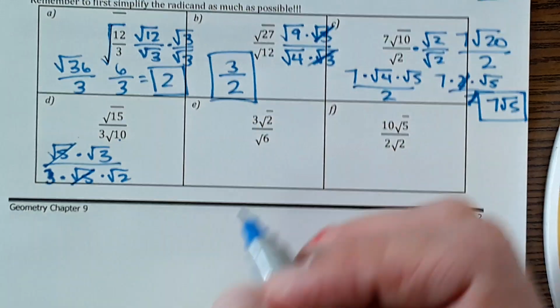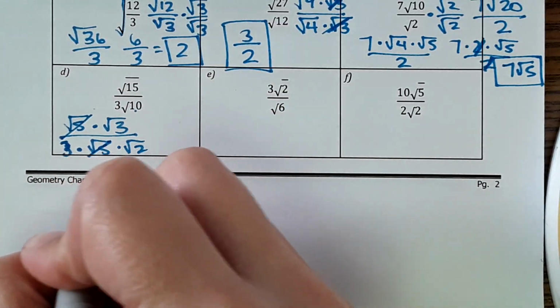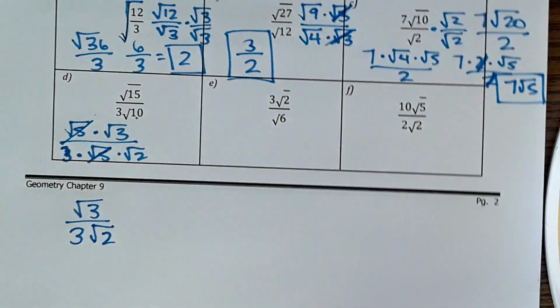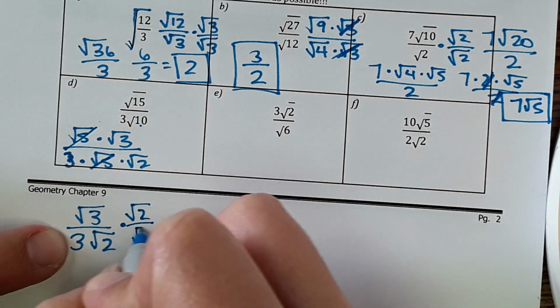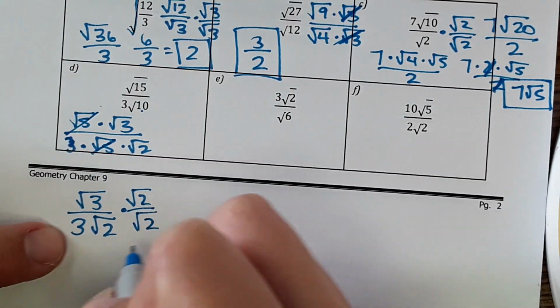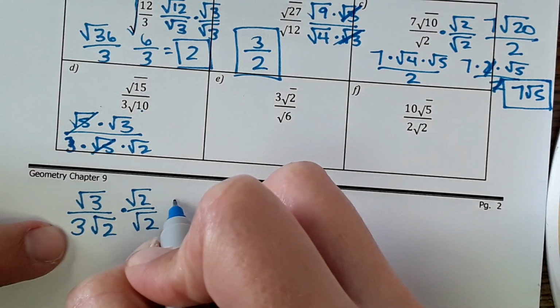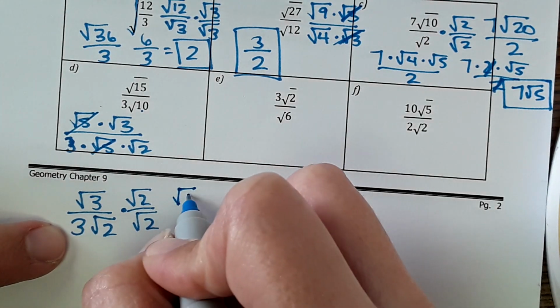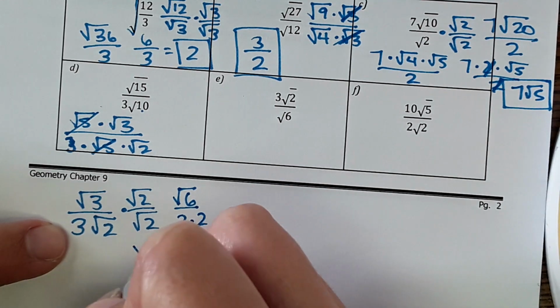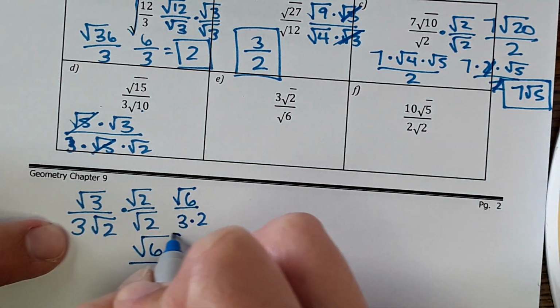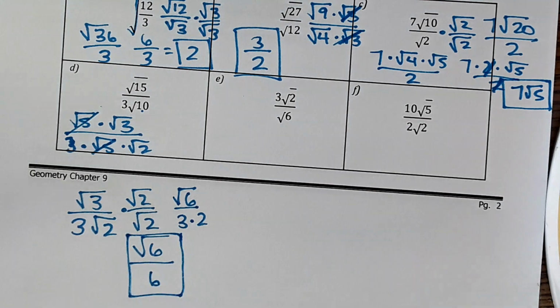It's still not that pretty. Let's see. Square root of 3 over 3 square root of 2. Still can't have that square root in the denominator. So we do this. So we get square root of 6 over 3 times 2. So square root of 6 over 6. I feel like there might have been a simpler way to do that one. I don't know.